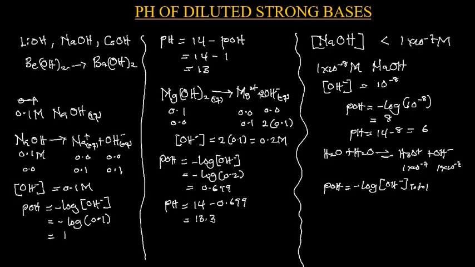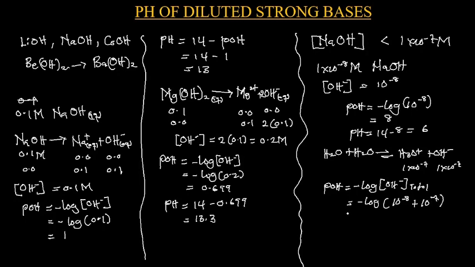That means we are adding that which is produced by water and that which is produced from the diluted sodium hydroxide. So it means we'll be having negative log of that which is from sodium hydroxide, 10 exponent minus 8, plus the one that water is giving us, 10 exponent minus 7.